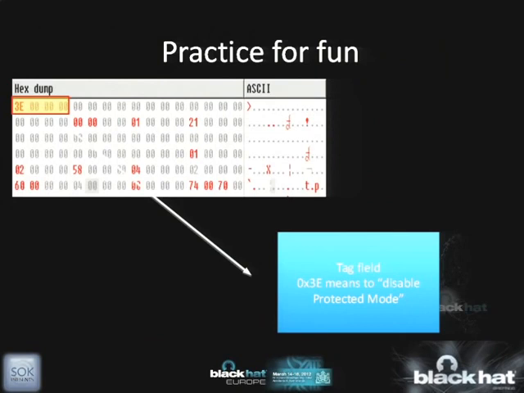So let's do some practice. What you can do at that point is find a place in memory and craft an IPC message. This is the tag that you want to call. Remember, in an IPC message, you basically put a tag and the parameters of the API you want to call on the other side. So we craft that IPC message.